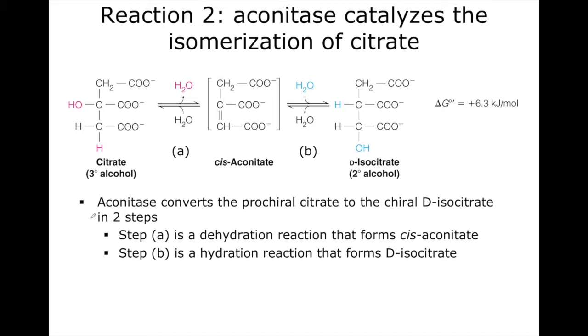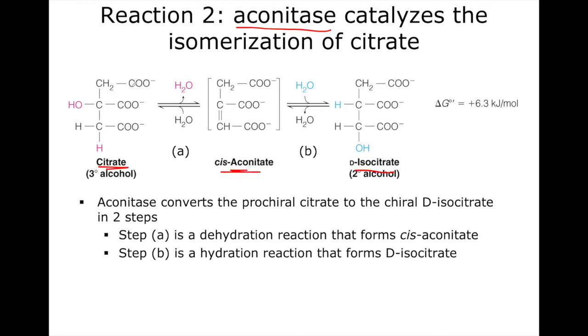So let's look at our second step. Here in our second step, we're going to take the citrate, which was just formed, and convert that into isocitrate. So we're going to undergo an isomerization reaction, and the enzyme that catalyzes this is called aconitase. It's called aconitase because the intermediate here is called cis-aconitate.